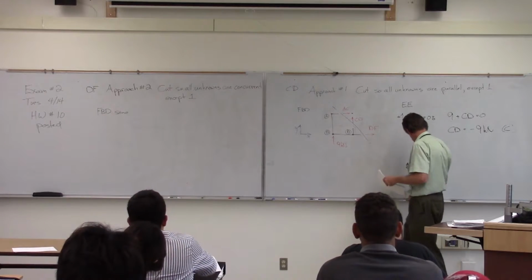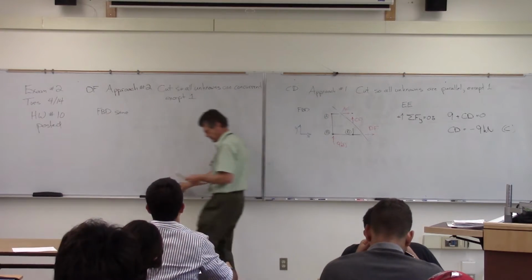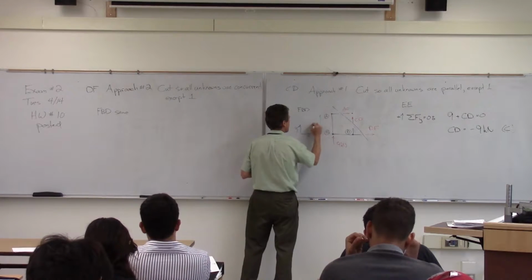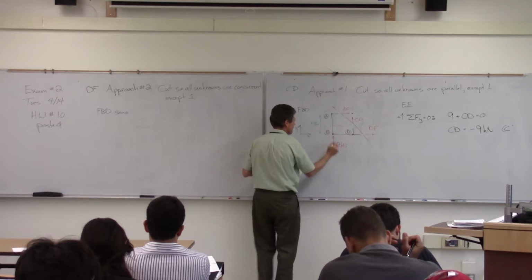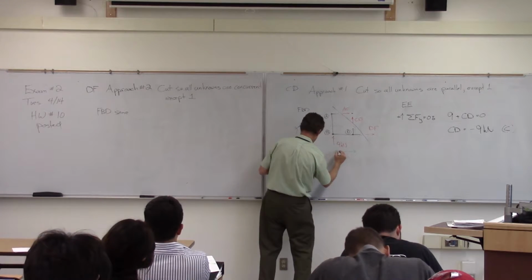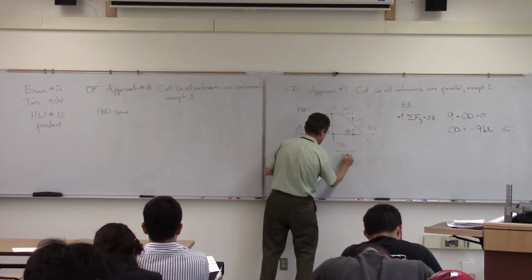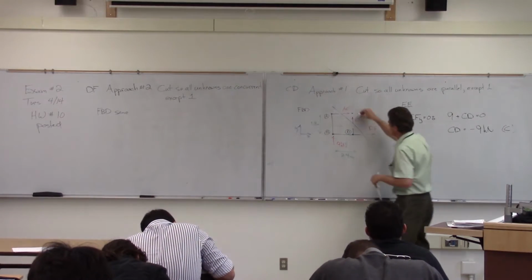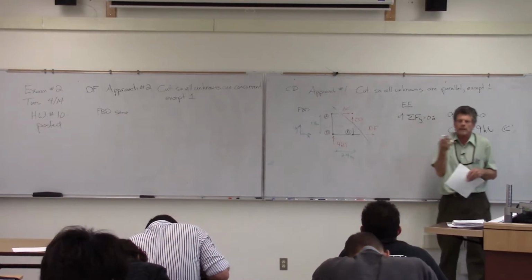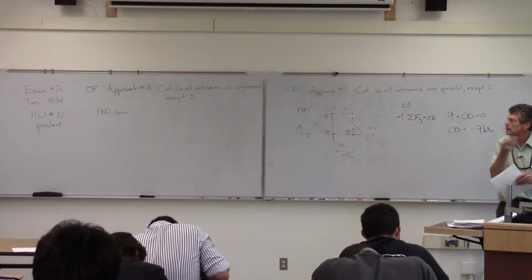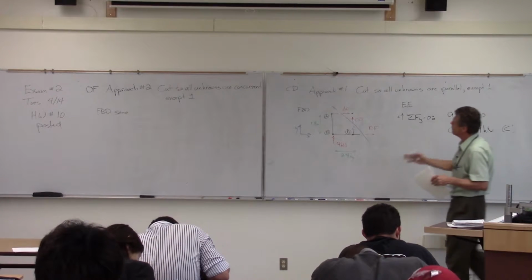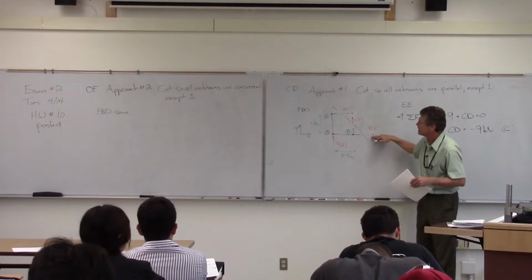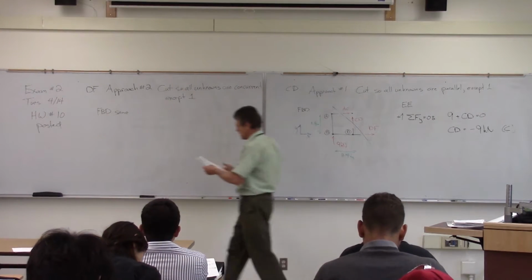Actually, I don't have dimensions up there, do I? But the key thing is that I can take some of the unknowns that I don't care about, take a moment about the point that they're all concurrent to, and what's left then is a known piece and an unknown piece, the DF that I'm interested in.